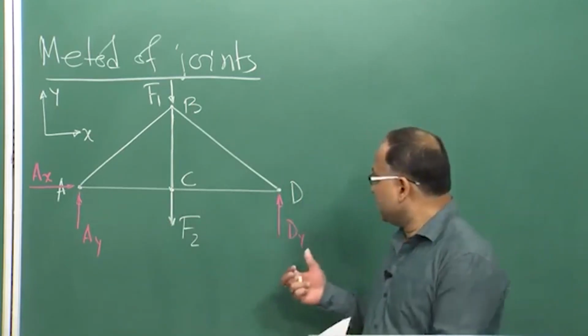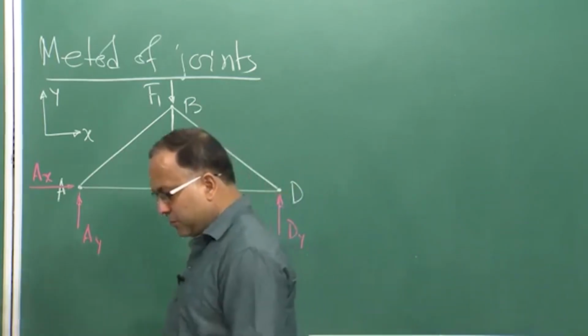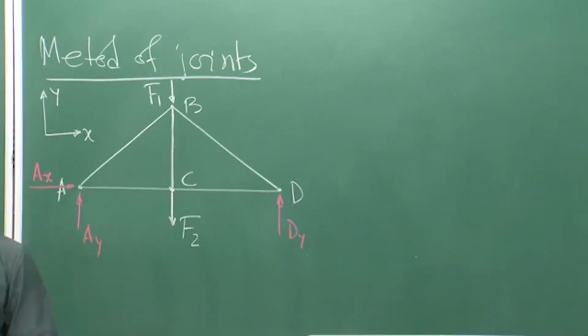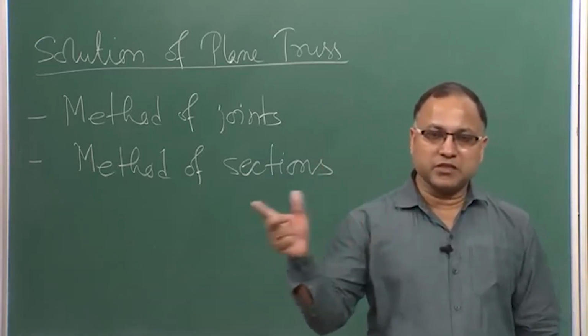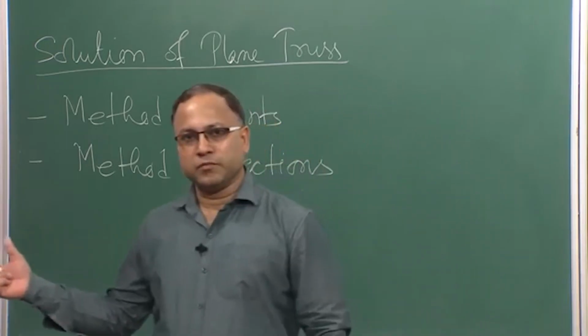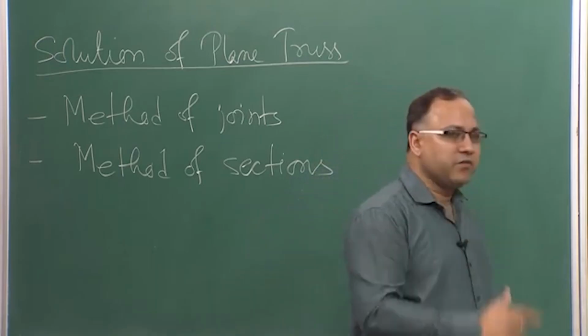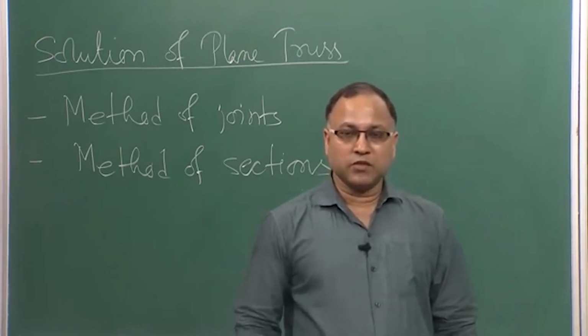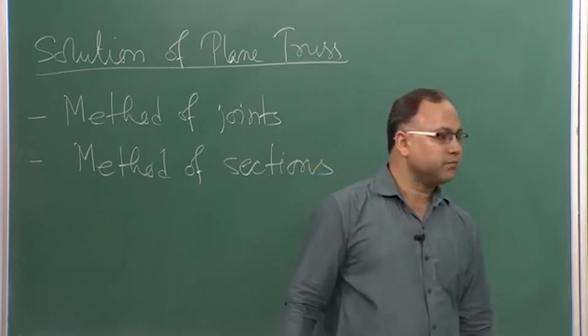Ax, Ay and Dy. So, you have 3 unknowns. How many equations of equilibrium do you have? 3 equations: summation of Fx equal to 0, summation of Fy equal to 0 and summation of moment equal to 0. So, 3 equations, 3 unknowns. So, you can find those unknowns. Therefore, this is an externally determinate system.